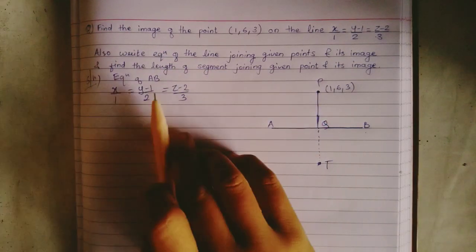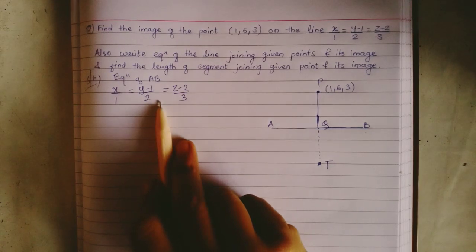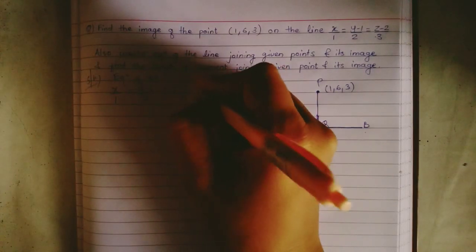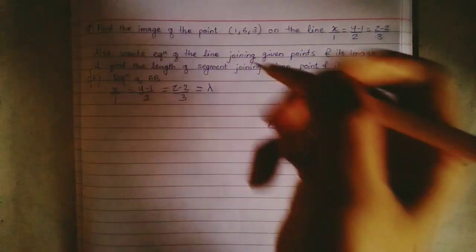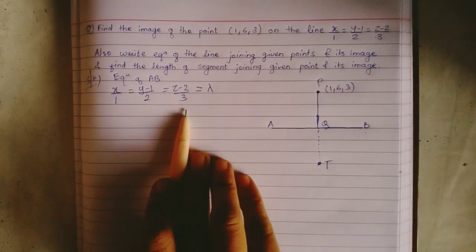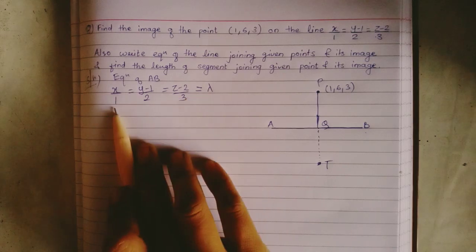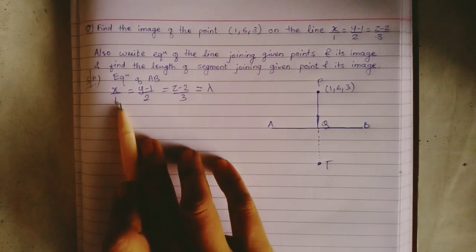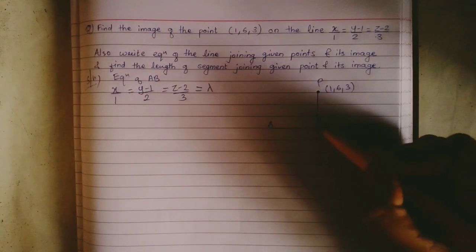From this we can find the direction ratios, right? We can write this as equal to lambda, and the direction ratios will be 1, 2 and 3.